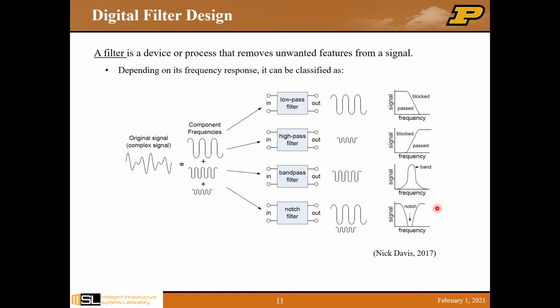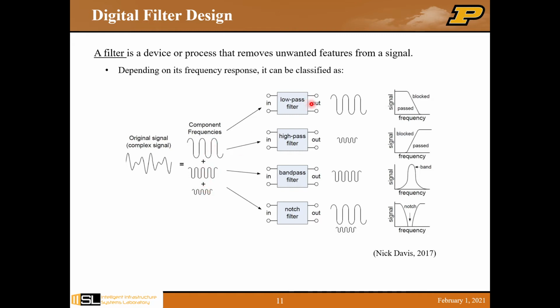Depending on its performance, it can be classified as a low-pass filter, high-pass filter, band-pass filter, and notch filter. Here we show an illustration. Assume we have an original complex signal consisting of different frequency components, from low frequency to high frequency components.